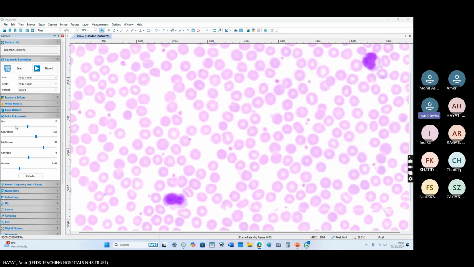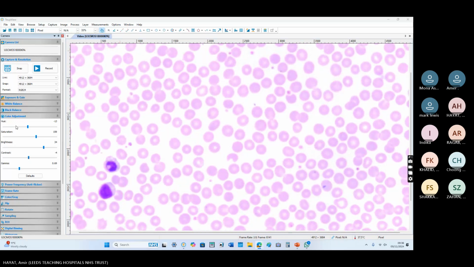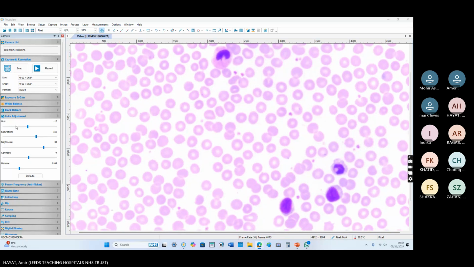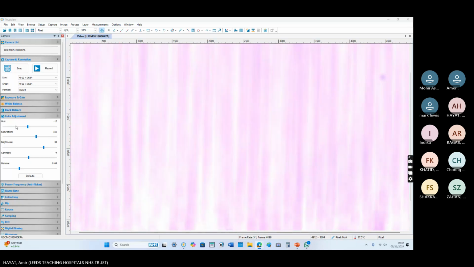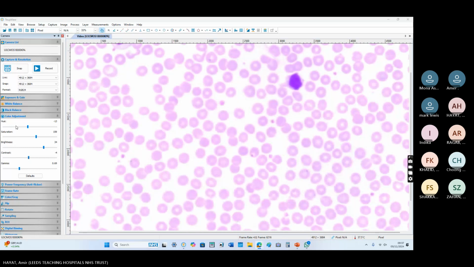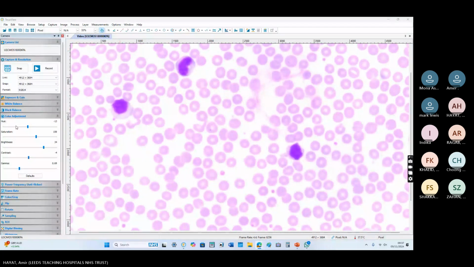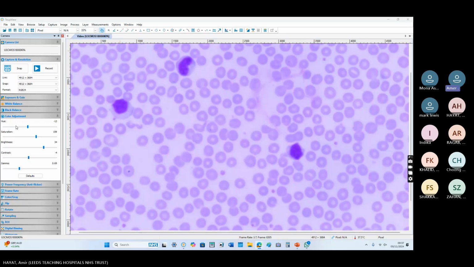Expect to see more lymphocytes or atypical monos. I should add some oil to that.